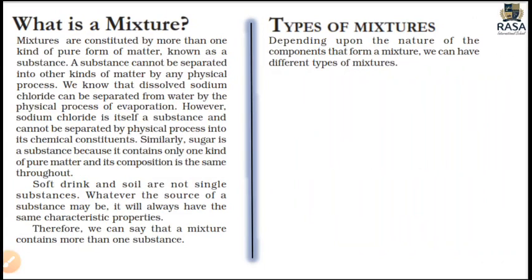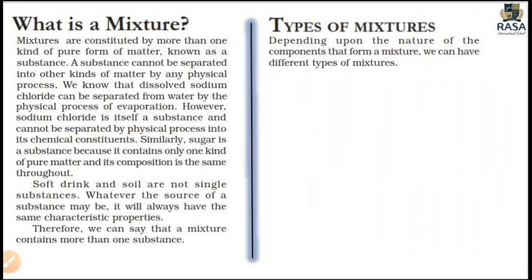Pure form of anything is known as a substance. A substance cannot be separated into other kinds of matter by any physical process. Means a pure substance cannot be separated into constituent particles by any physical process.